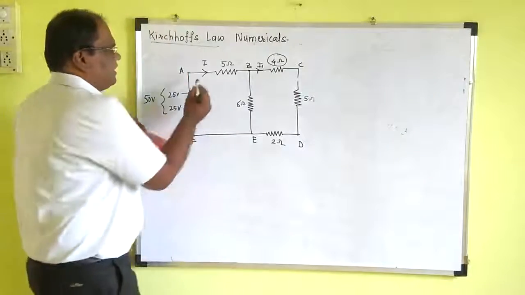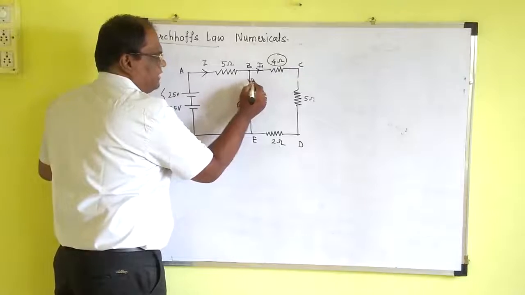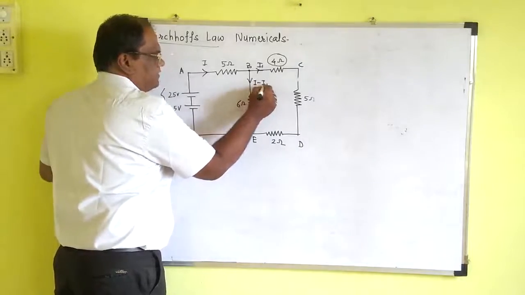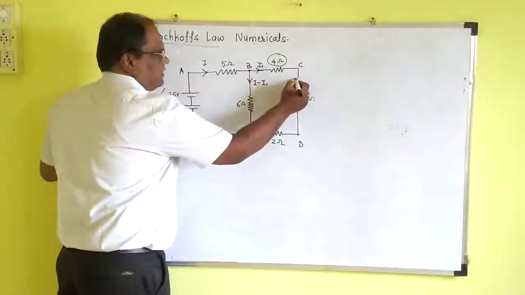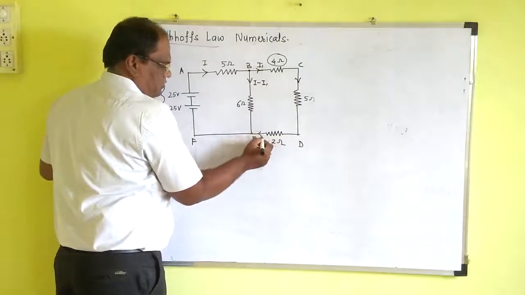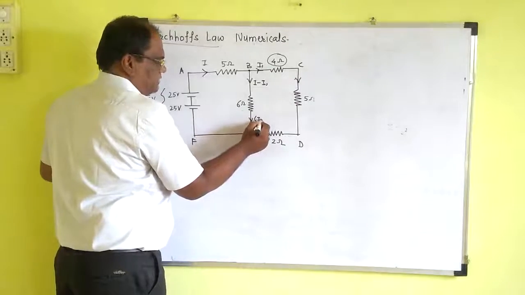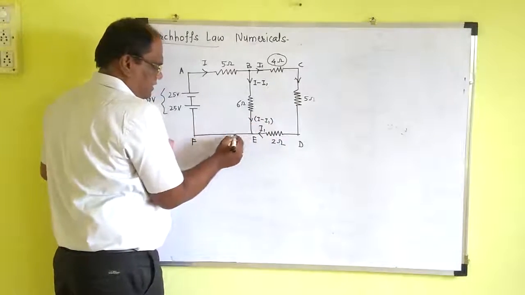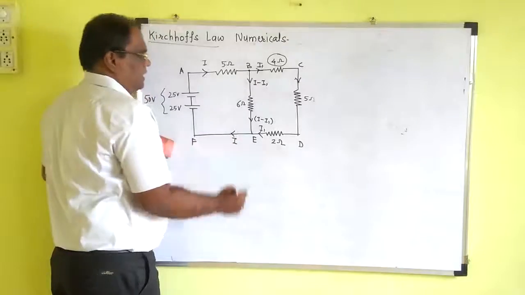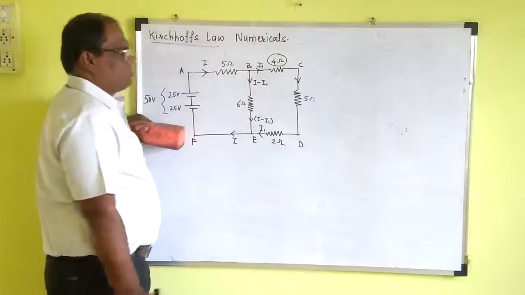For this, at this point, I is divided into I1 and I minus I1. This I1 current flows through 4 ohm, 5 ohm and 2 ohm. Here I minus I1. Again the total current I. Now we have to apply Kirchhoff's law to different loops.